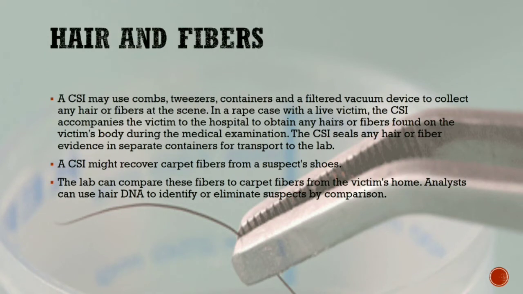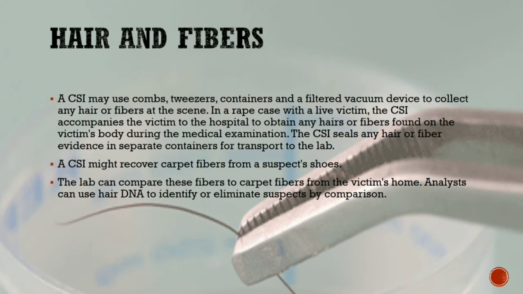In the case of hair and fibers, the CSI may use a comb, tweezers, containers, and filtered vacuum devices to collect any hair or fiber at the crime scene. In a rape case with a live victim, the CSI accompanies the victim to the hospital to obtain any hair or fibers on the victim's body during the medical examination.